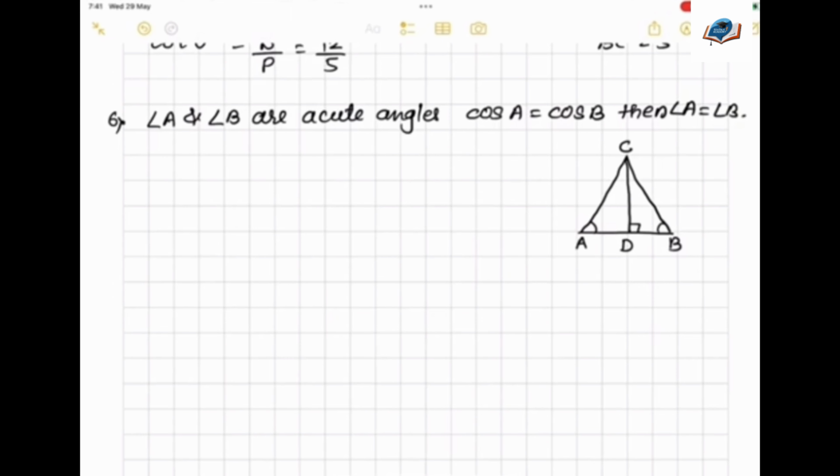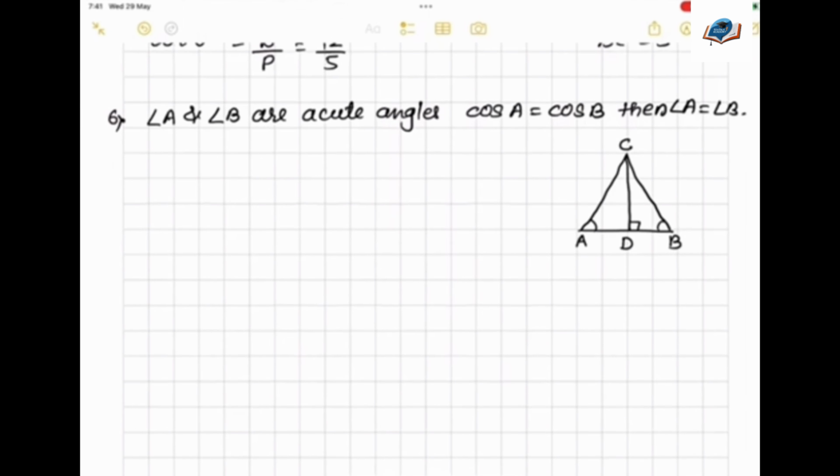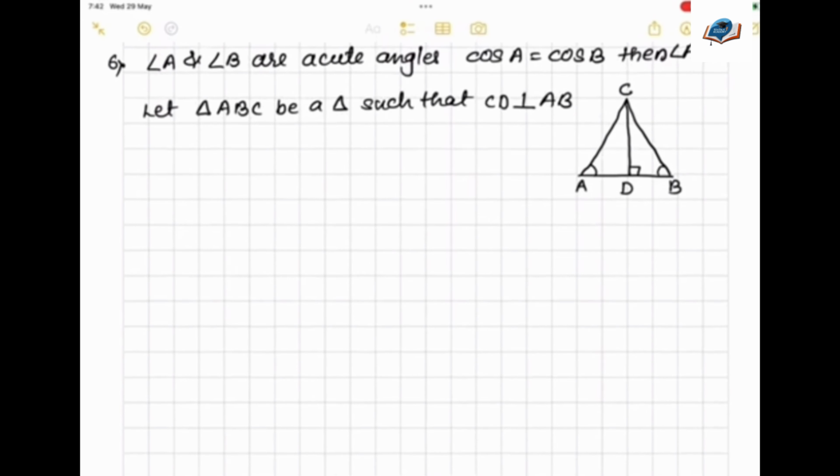Now the sixth one, he says angles A and B are acute angles, cos A equal to cos B. Then prove that angle A equals angle B. Let us assume triangle ABC be a triangle such that CD is perpendicular to AB.